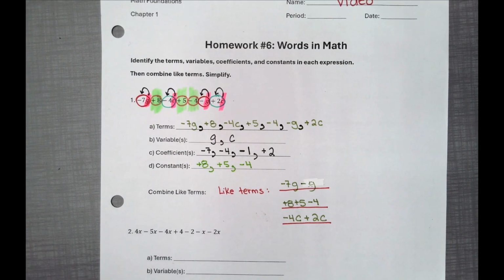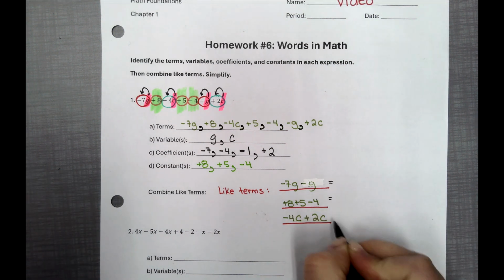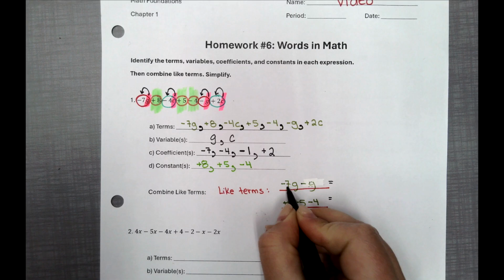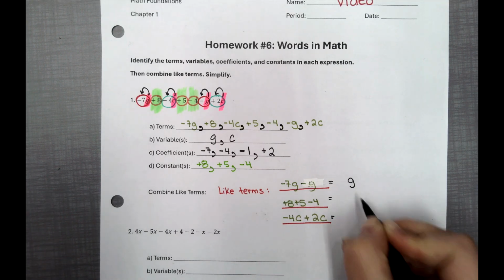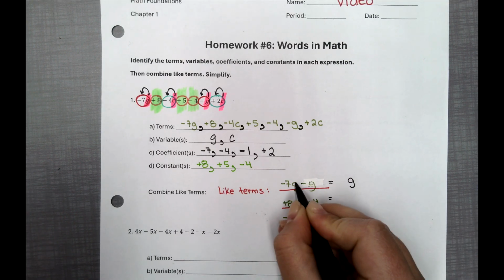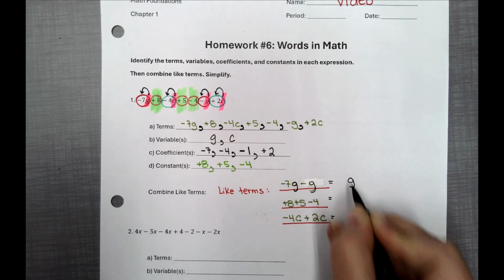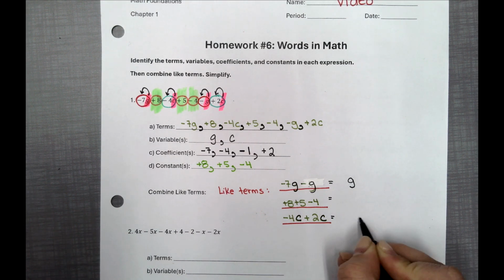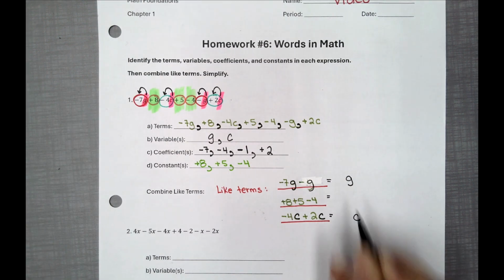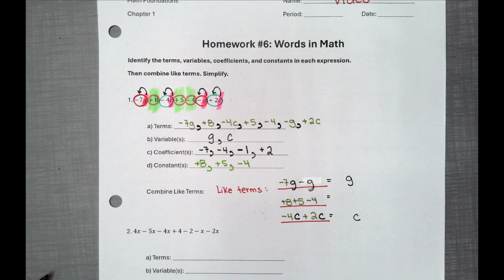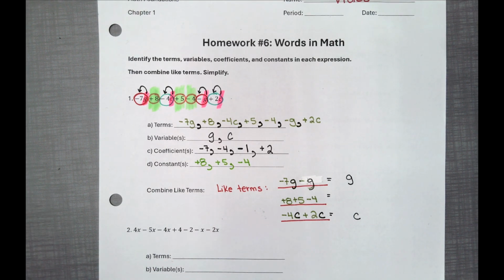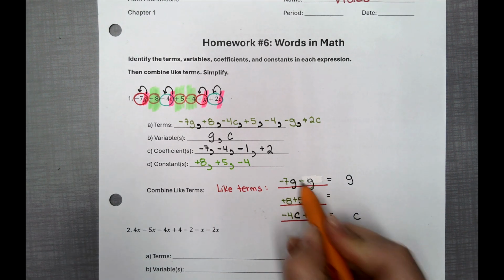We're going to combine these together, add -7 and a -1. So if it has a letter G, I'm going to keep the G. If it has a letter C, I'm going to keep the C. If it has no letter, I'm not going to write a letter. We don't need that. Next, I'm going to add, subtract, so -7 and a -1.